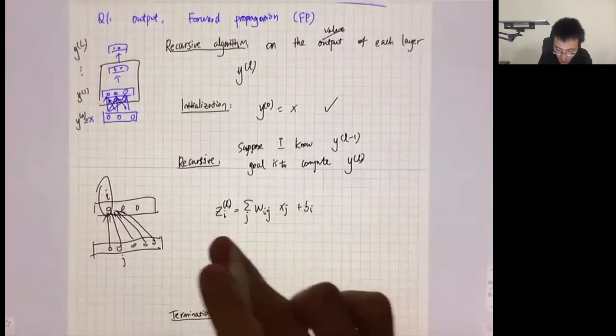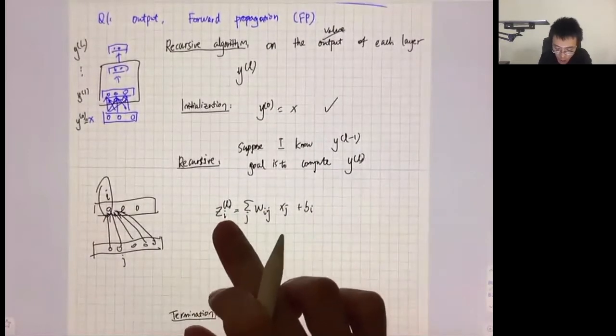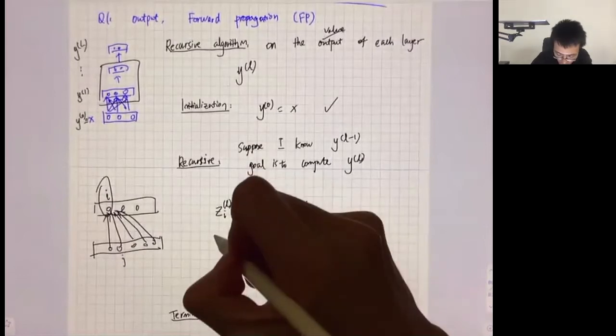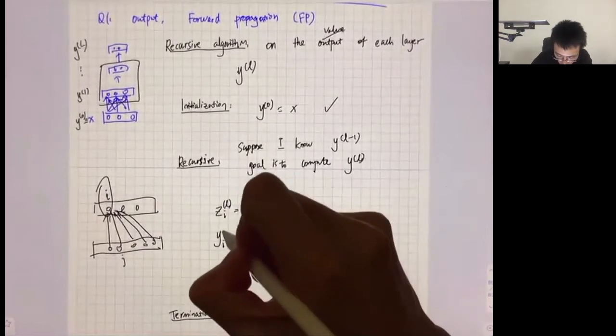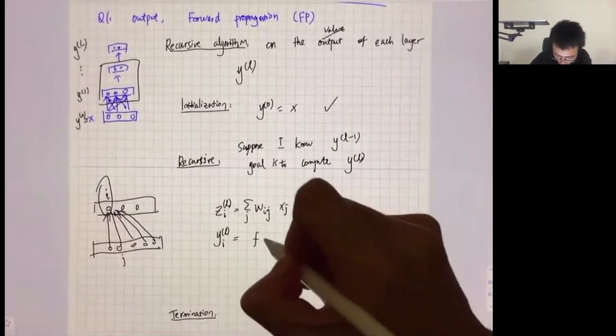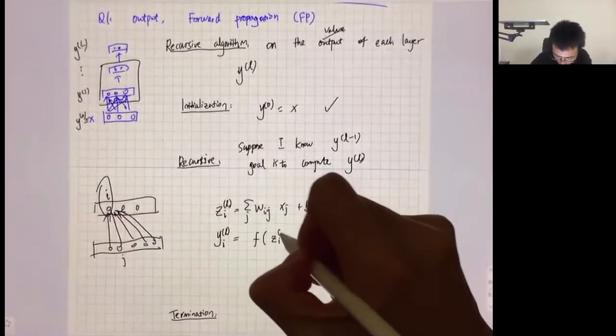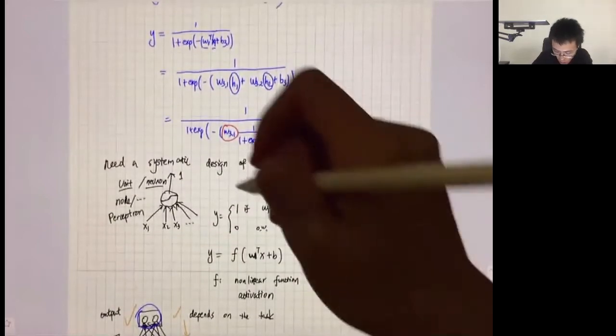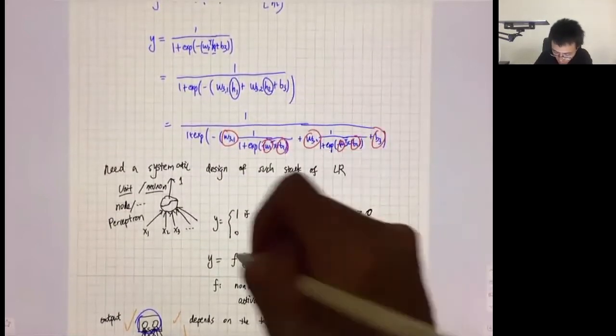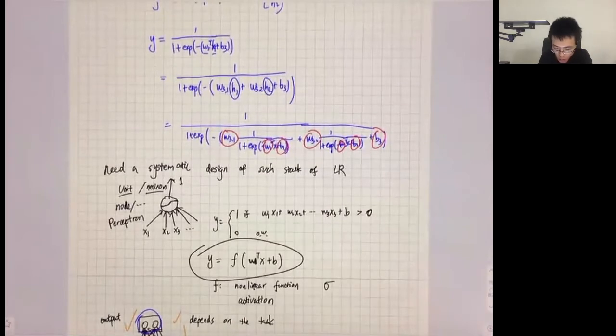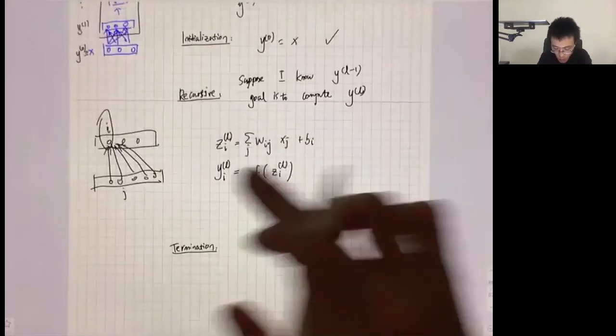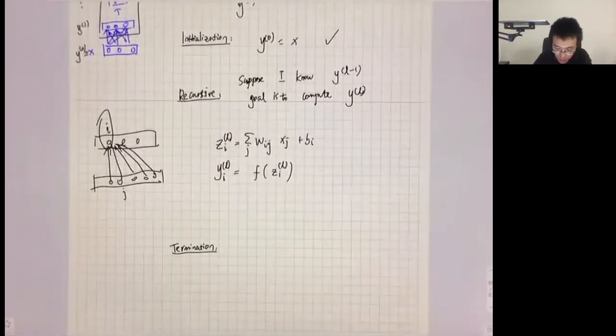So this is the pre-activation value. Then you apply the activation function, which is f. So this is just the definition of a unit here. One unit is defined in this way, so I'm just writing it out in this way.